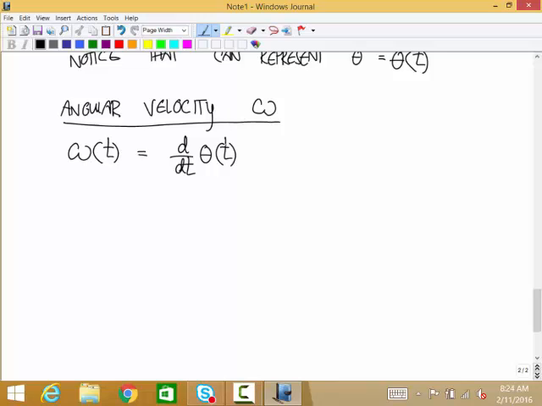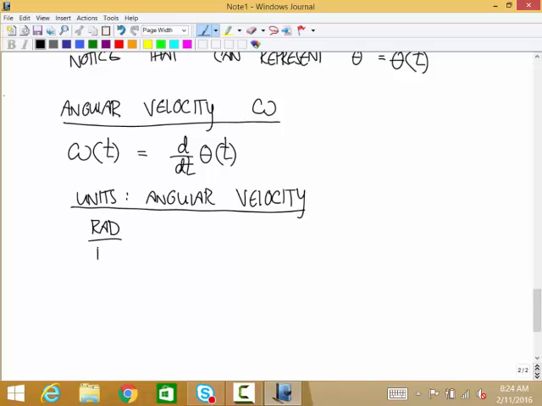You can think of that as the definition. The units of angular velocity are radians per time, and so the SI units, the units that we're going to be using, are radians per second.